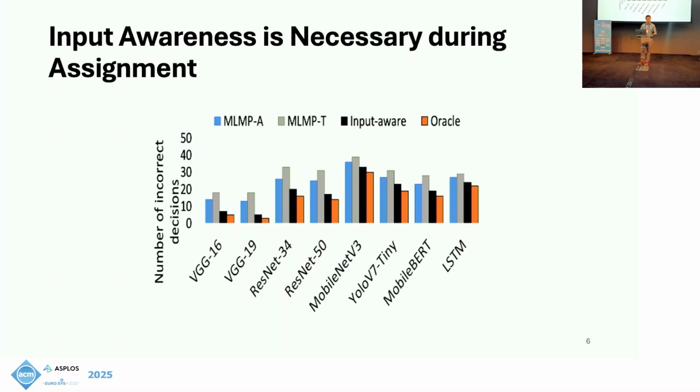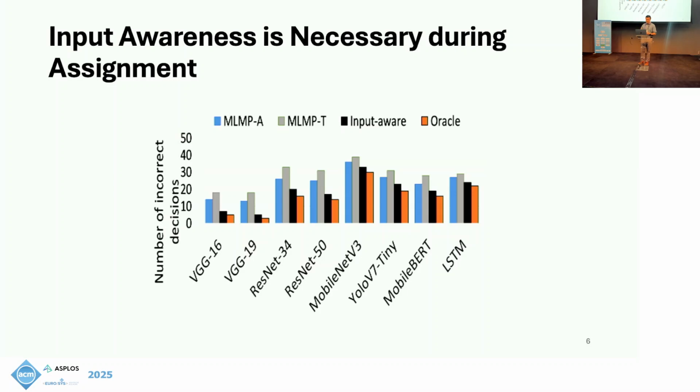In addition to Oracle and MLMP, we also propose a simple input-aware method. It progressively moves layers to the LCA, starting from the end of the DNN model, until the accuracy guarantee is violated. We then randomly select a valid assignment from those that satisfy this guarantee.